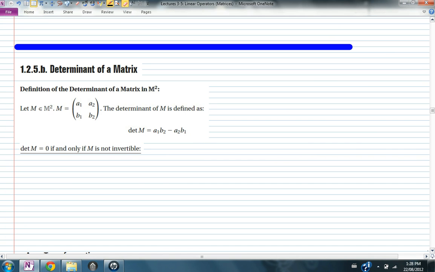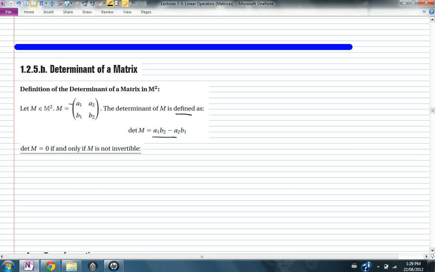So for the determinant of a 2 by 2 matrix, let M be this matrix made out of two vectors, vector A, which has components A1 and A2, and vector B, which has components B1 and B2. The determinant of the matrix M is defined like this: A1 B2 minus A2 B1.